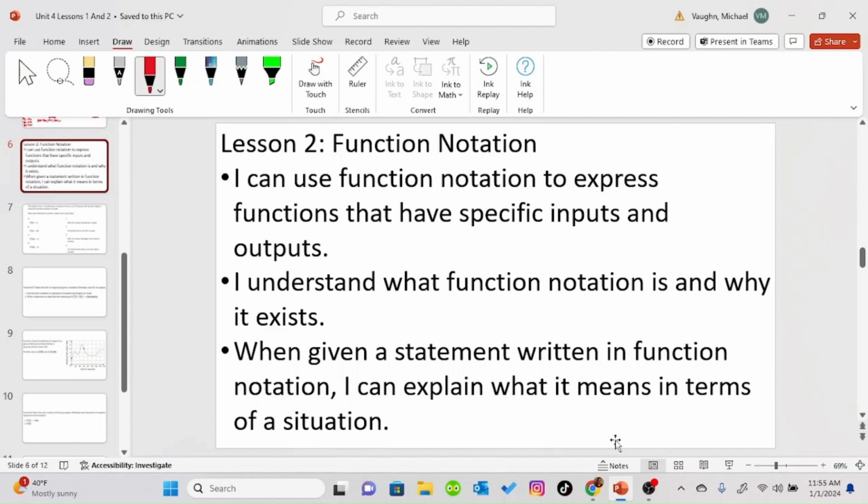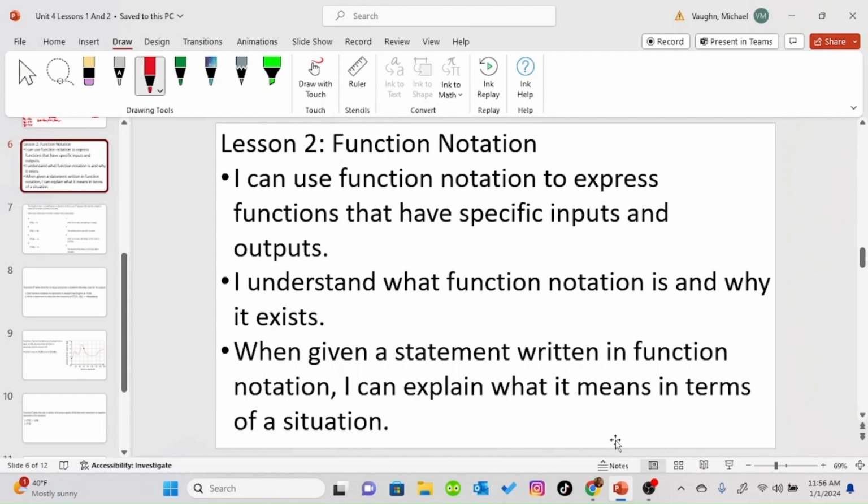And what we mean is instead of saying y equals something, we're now going to say a function of some input equals something. So that's what function notation is. We're getting rid of the y and we're changing it to say a function letter of some input.